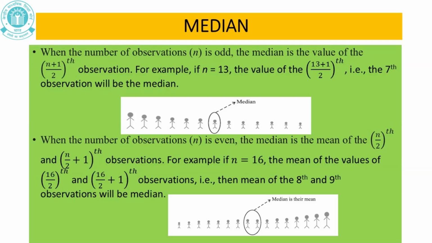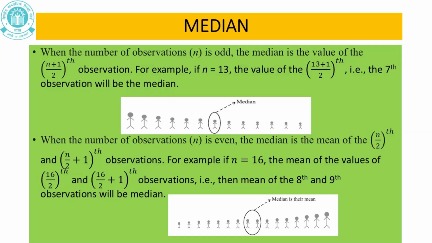When the number of observations is odd, the median is the value of the (n plus 1) upon 2th observation. For example, if n equals 13, the value of (13 plus 1) upon 2, that is the 7th observation, will be the median.